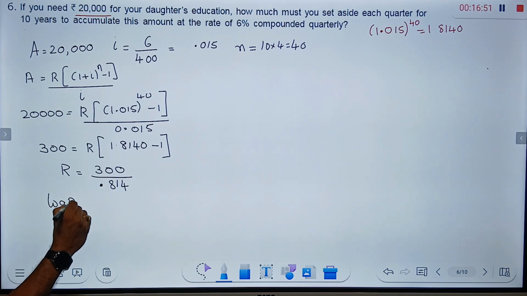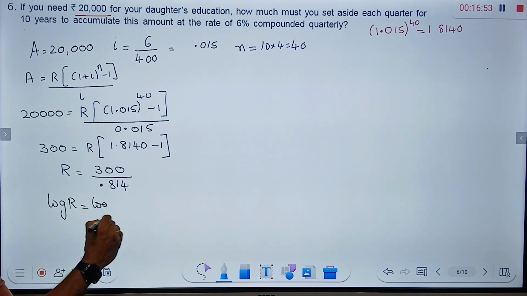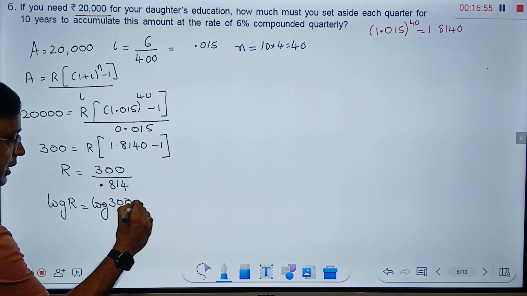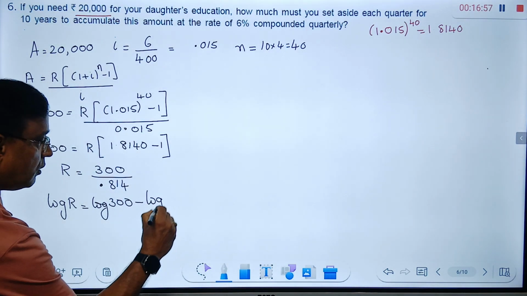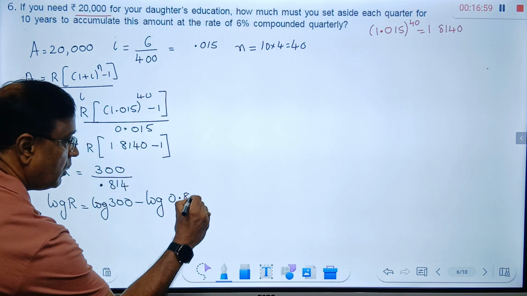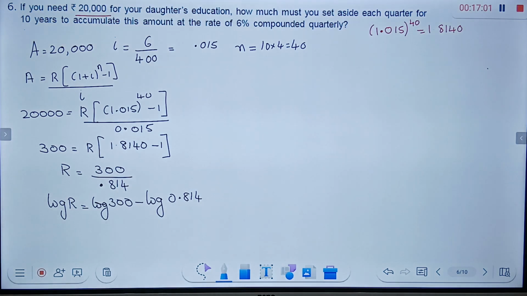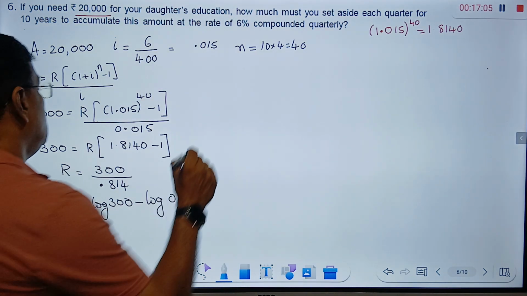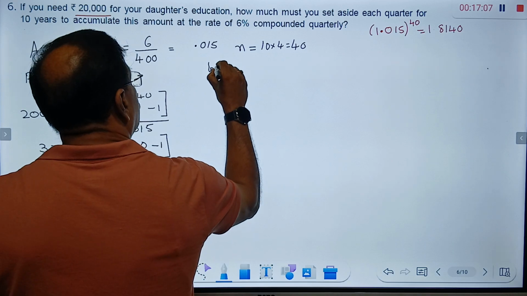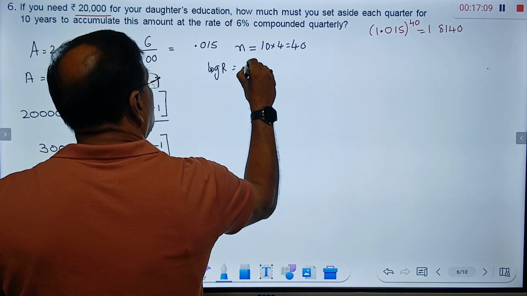Taking log on both sides is nothing but log of 300 minus log of 0.814. I assume that you know logarithm from class 11. Since it's a 3-digit number, the characteristic will be 2. So log R equal to 2.